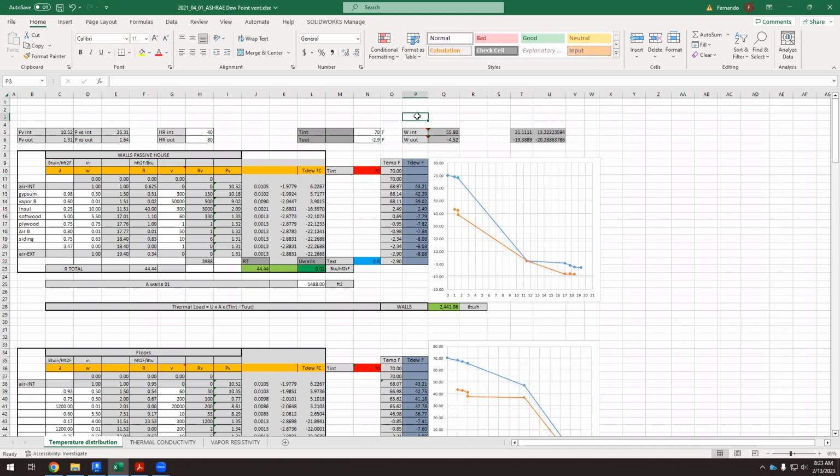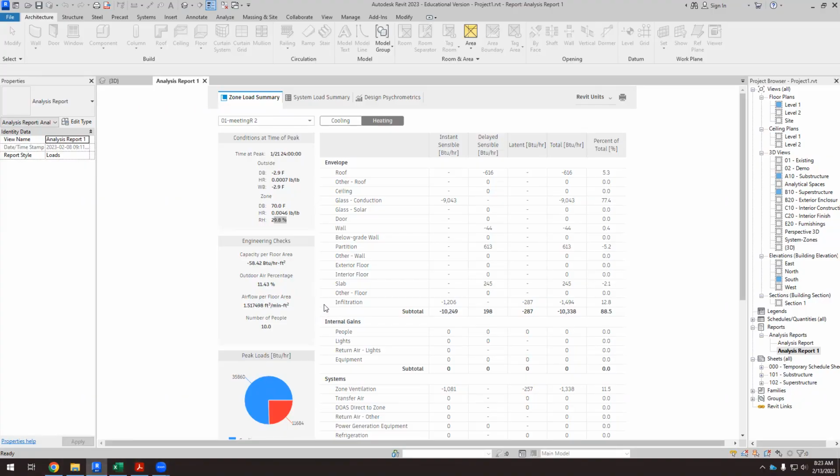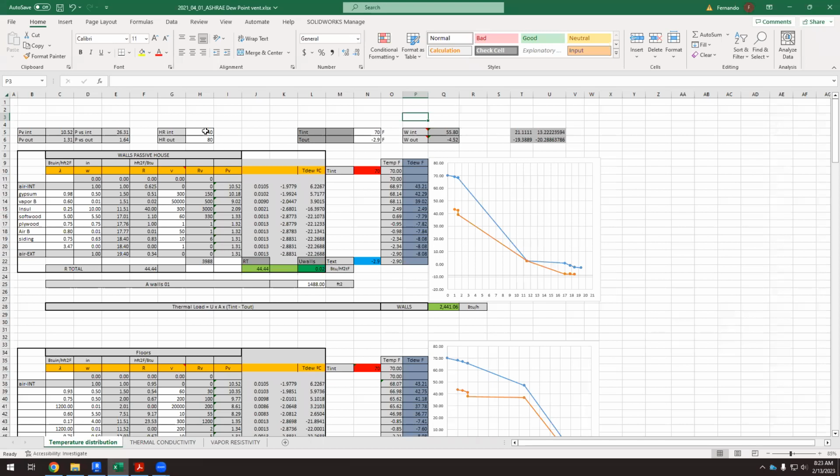That will be the coldest day that Revit has found in that database. Good, so we have that information. Do we have the indoor relative humidity? We do, so we can type here 29.8.